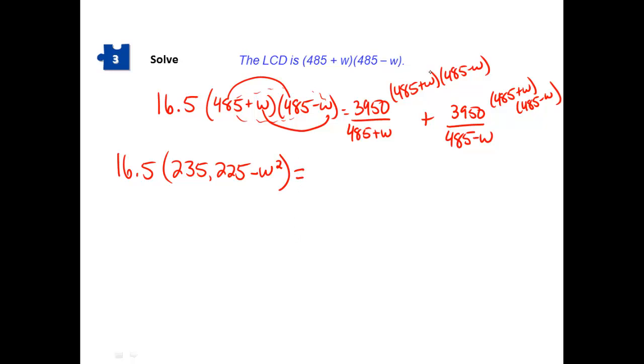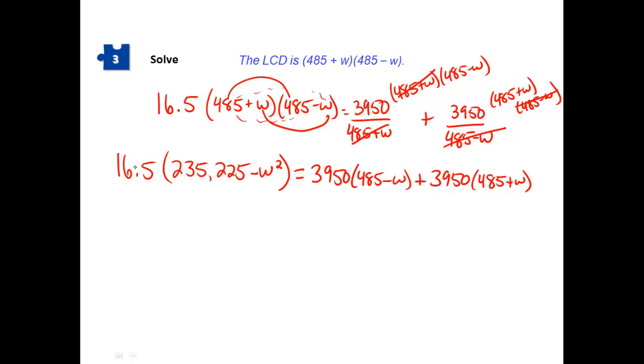Equals, let's see. Plus w's cross out here. So we have this times 485 minus w, plus, now the minus w's cross out, 3,950 times 485 plus w. Okay, so now we just have a lot of simplifying to do.